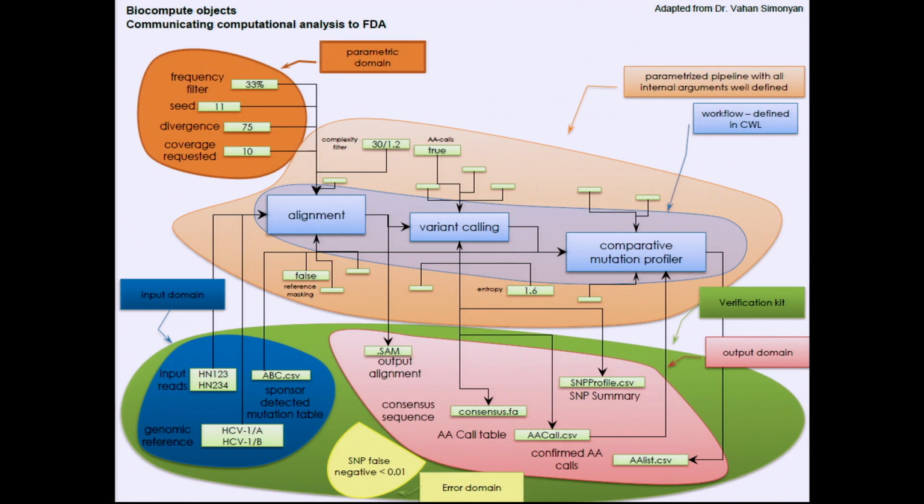At the bottom is the input domain, what is the input and what is the output. And then in the middle bottom is the error domain. So when you have all of these pieces of information together, then you create what we are calling a biocompute object.